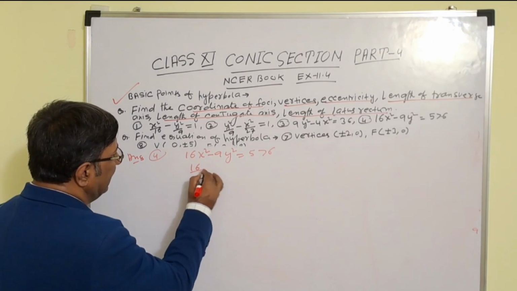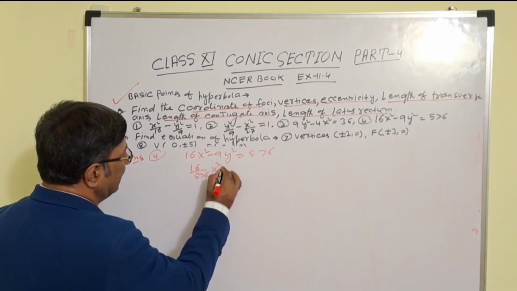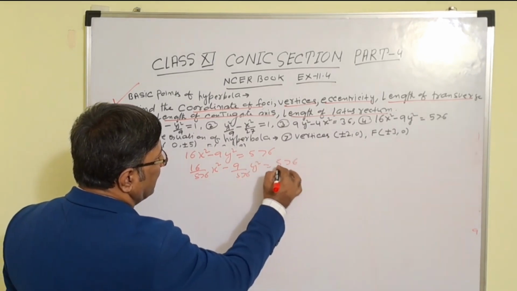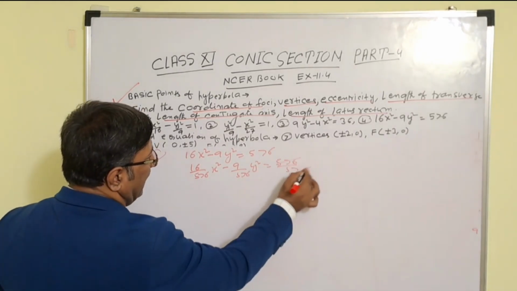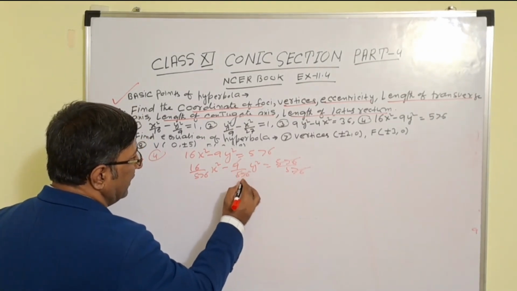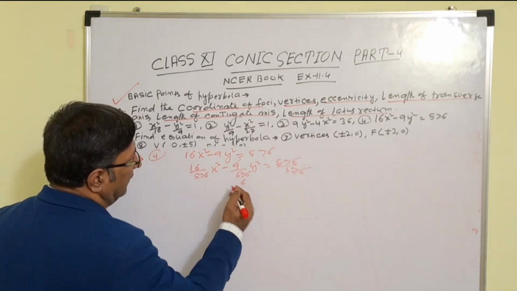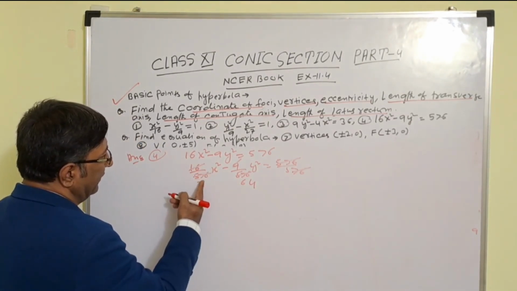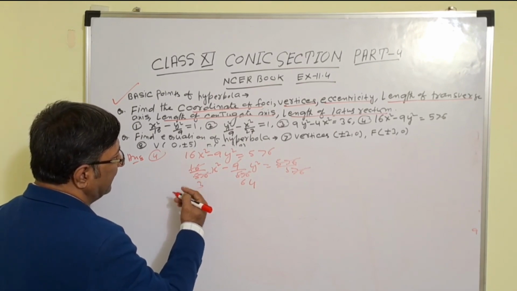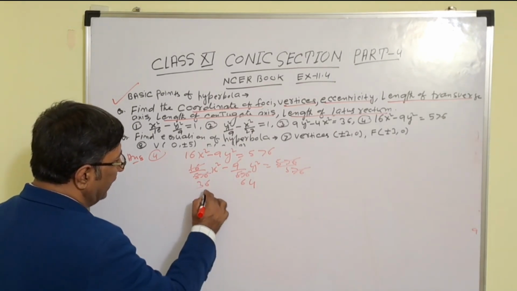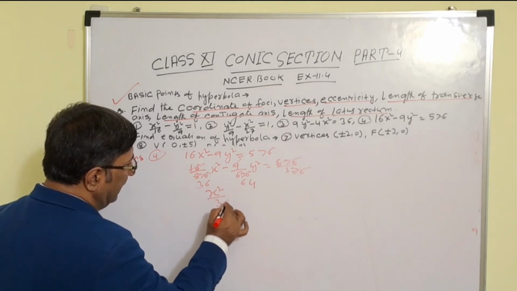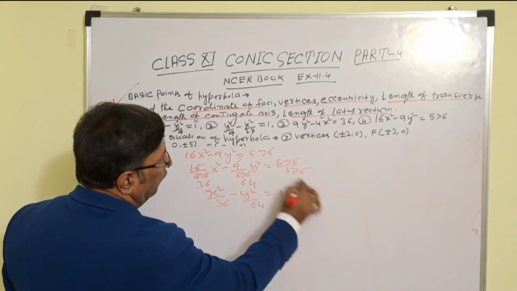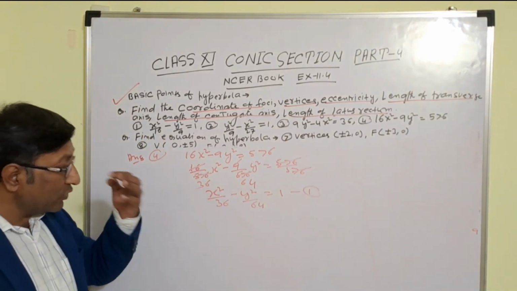This is 16 divided by 576 x square minus 9 divided by 576 y square equal to 576 by 576. Cancelling, we get 36 and 64. So the equation is x square by 36 minus y square by 64 equal to 1. Now here x square by 36.